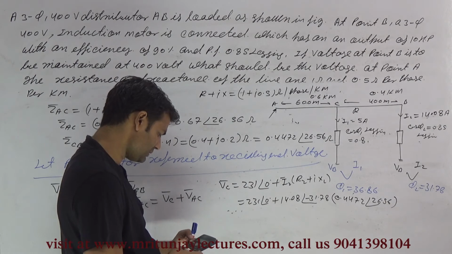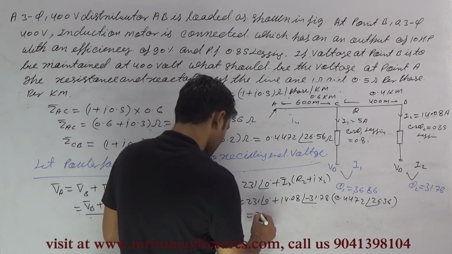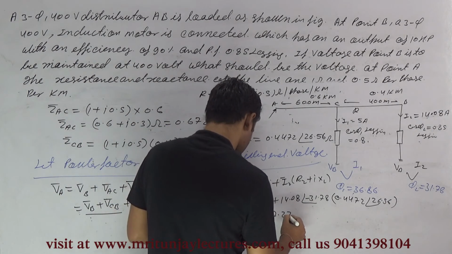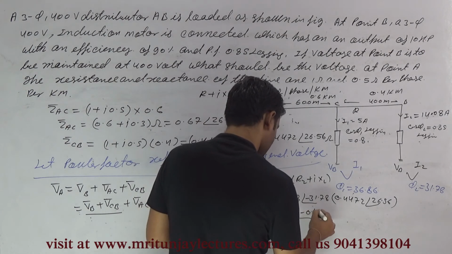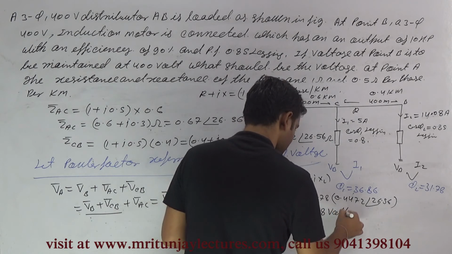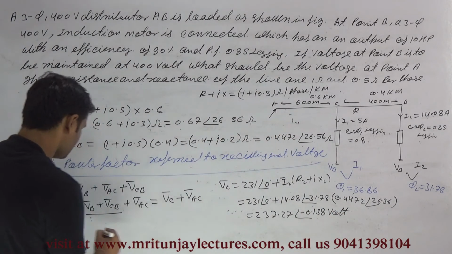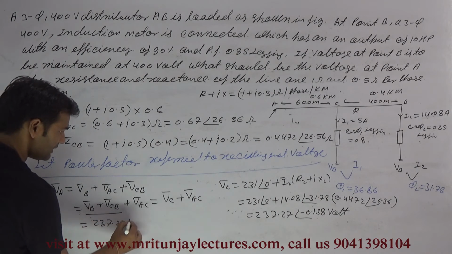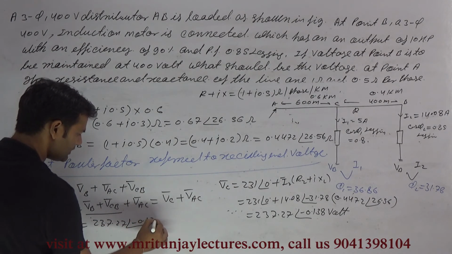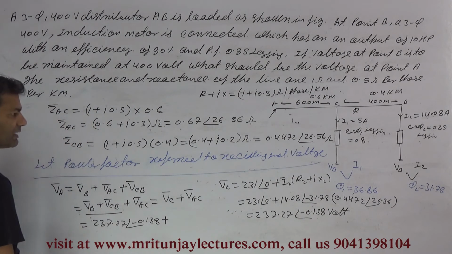Finally we got 237.27 at the angle minus 0.138 volt. Clear? That is VC. So VC is 237.27 at the angle minus 0.138, plus V of AC.